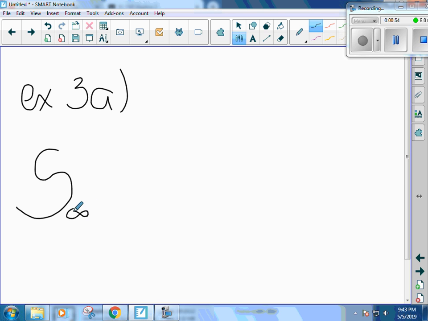I'm going to put the infinite sign right there, which means there is no stopping in this series. I need my first term, but I no longer have an n value. There's no stop. So it's just the first term divided by 1 minus the ratio.